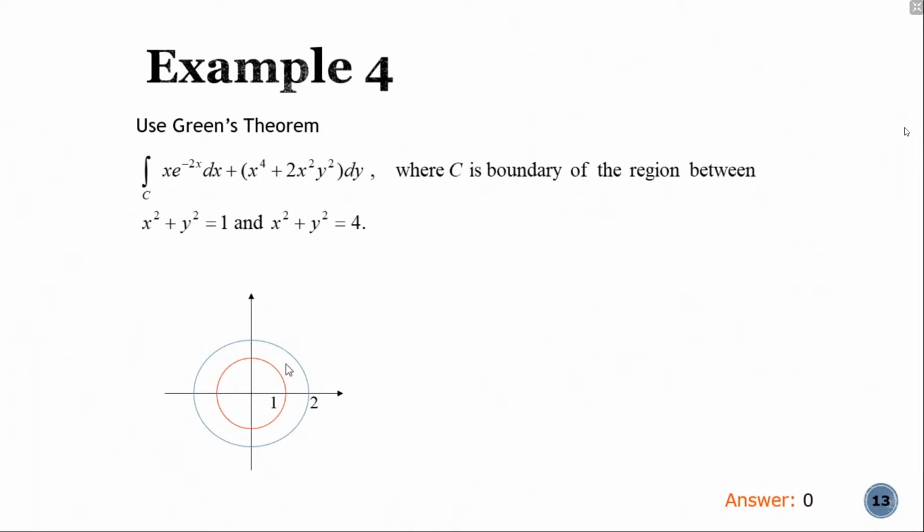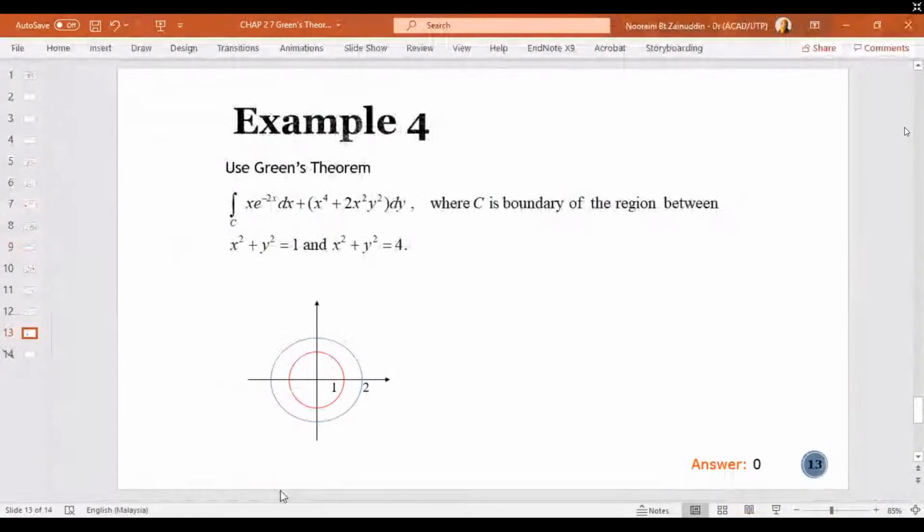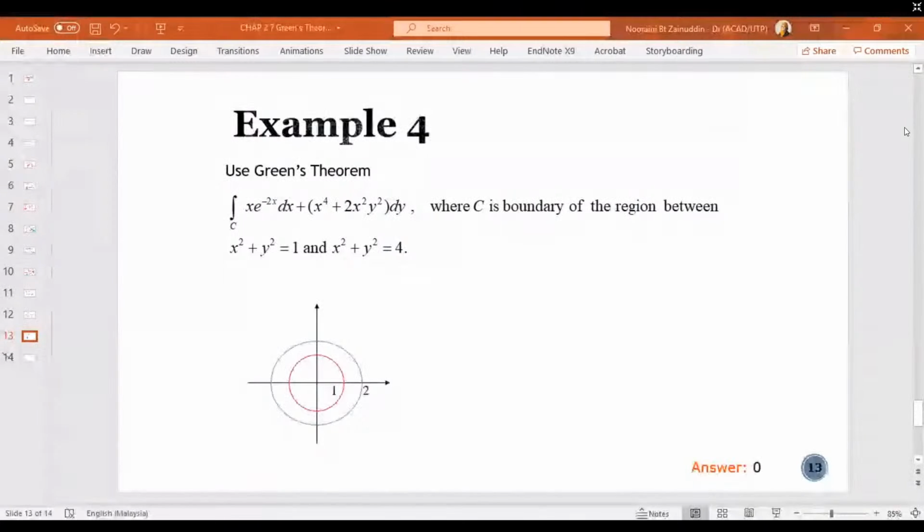Okay, you try it. The answer should be 0. Yes, if you have a circle, we call it the polar coordinate system. You use r and theta.